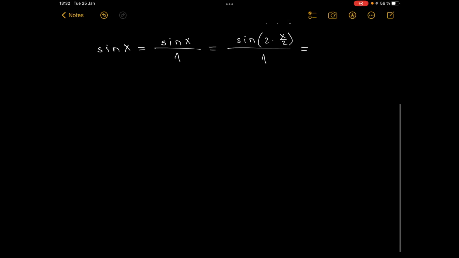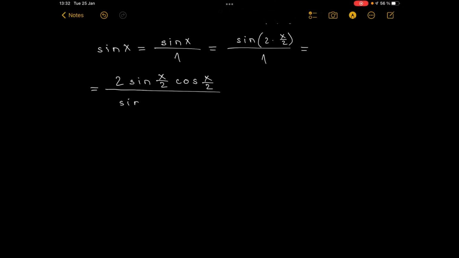And now, using the double angle formula for sine, in the numerator, we can just write 2 sine of x over 2 times the cosine of x over 2. And by using the basic trigonometric identity in the denominator, we can write it as sine squared of x over 2 plus cosine squared of x over 2.